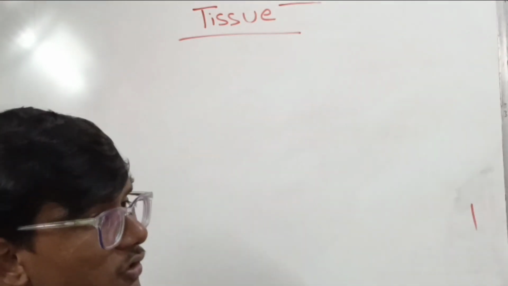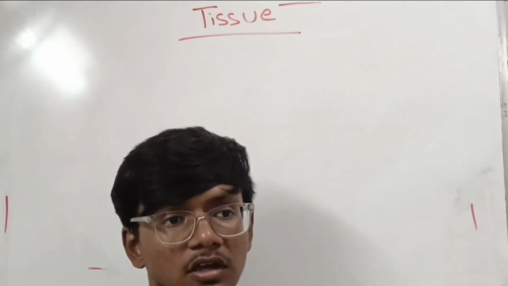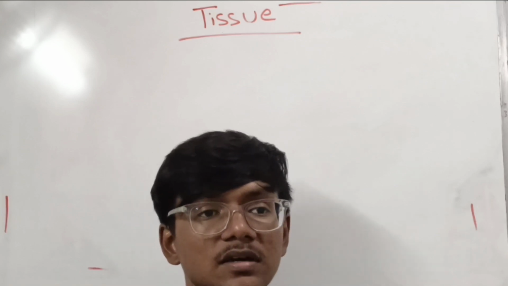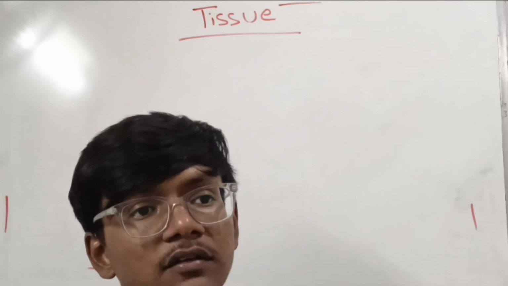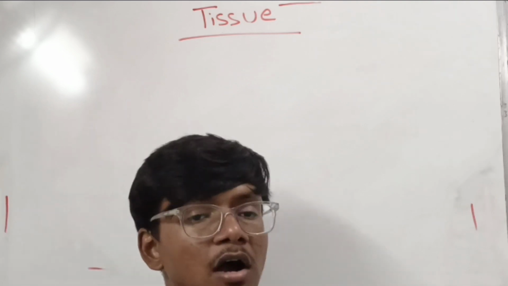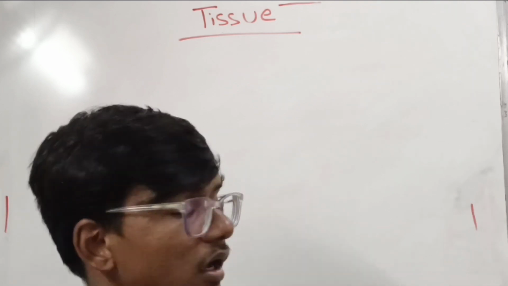So what is the definition of tissue? What exactly is tissue? Before this we have seen the definition of cells. A cell is the basic functional and structural unit of life. Somehow the definition will match here.